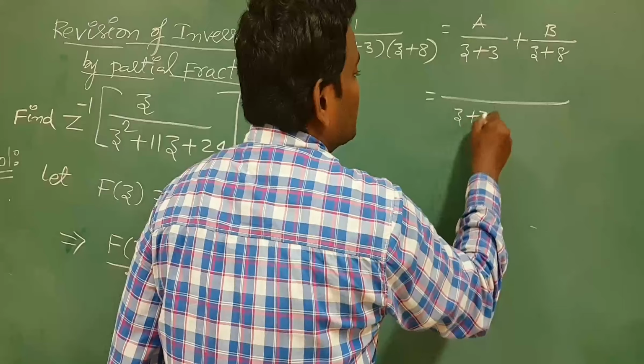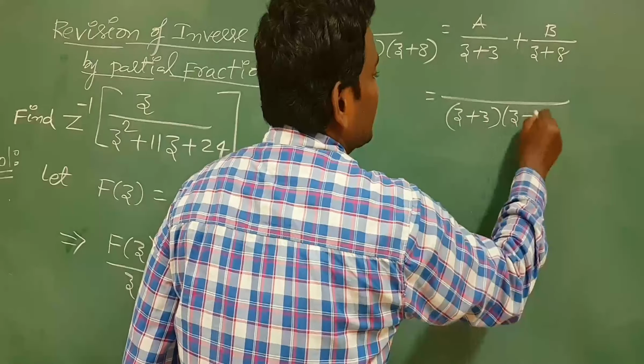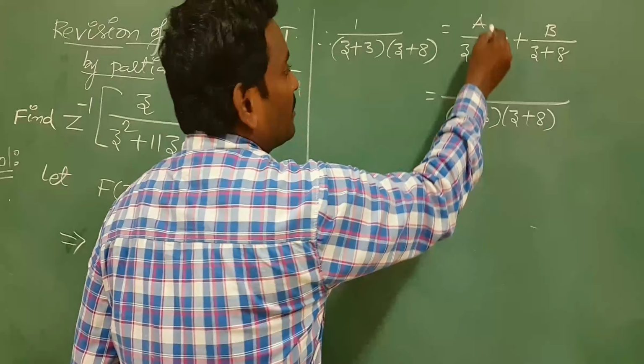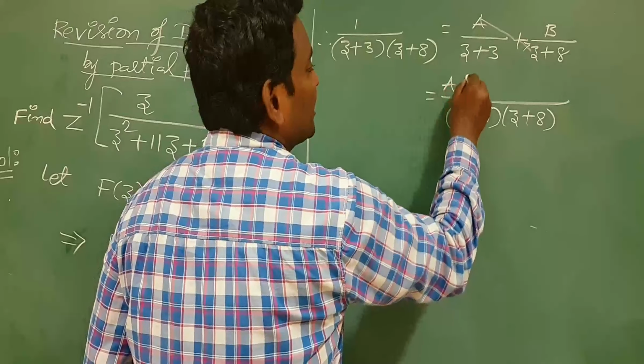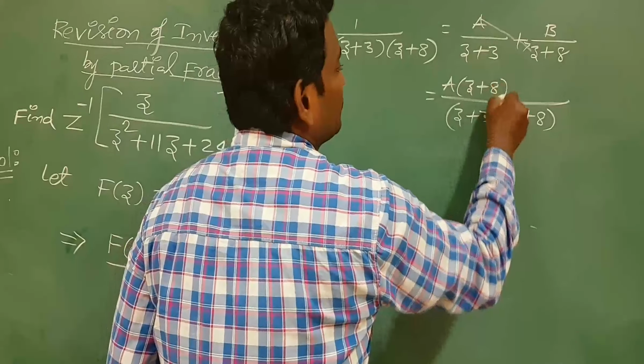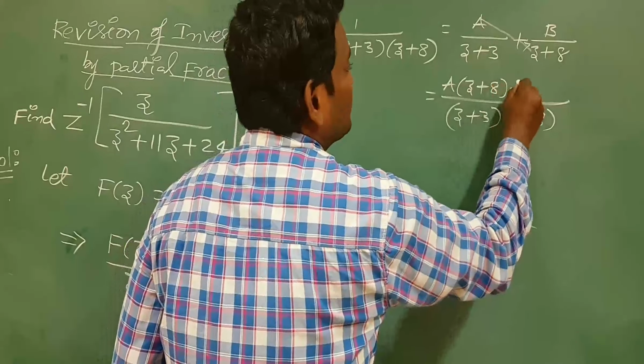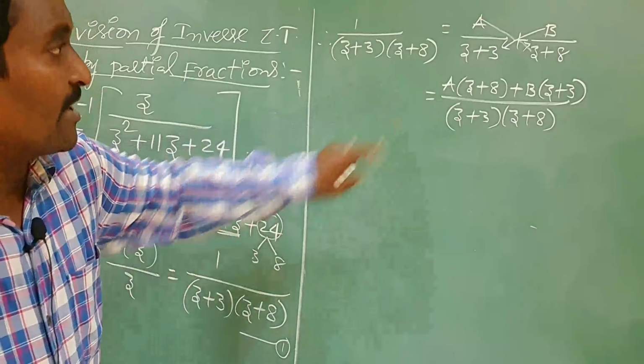It would be z plus 3 into z plus 8. So, what is the numerator? A should be multiplied with the different factor z plus 8. So, you will get a into z plus 8 plus b into z plus 3. In this way, we can separate the right hand side fraction into partial fractions.